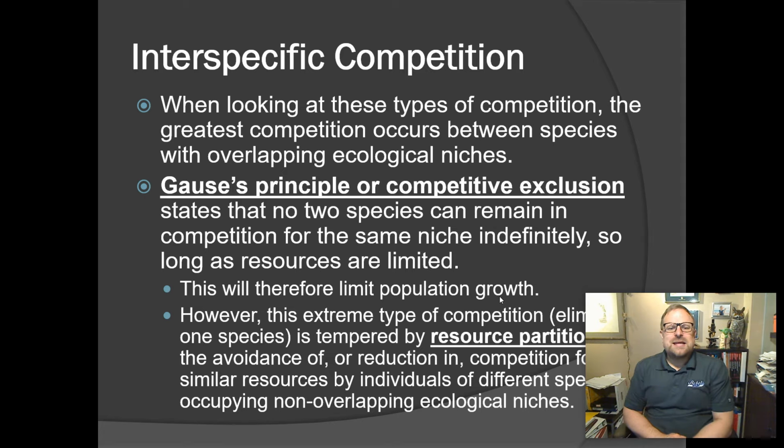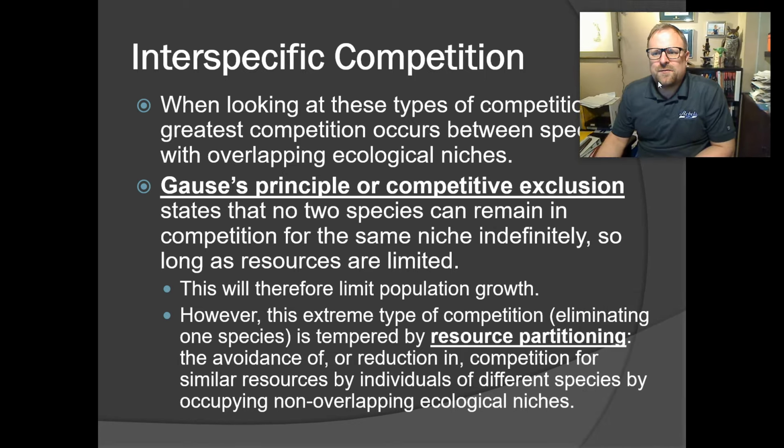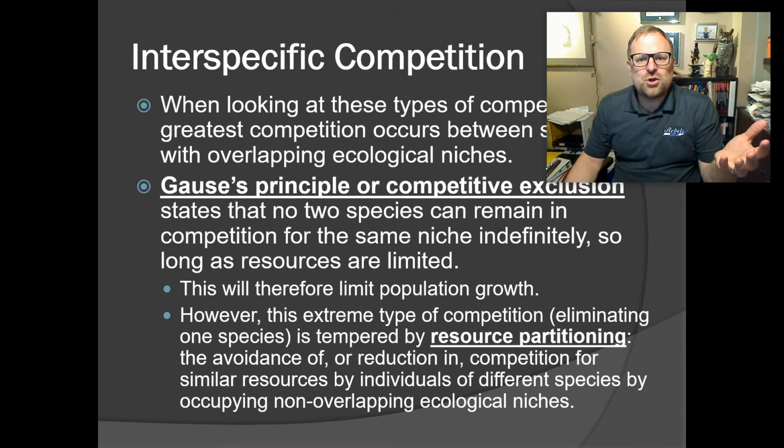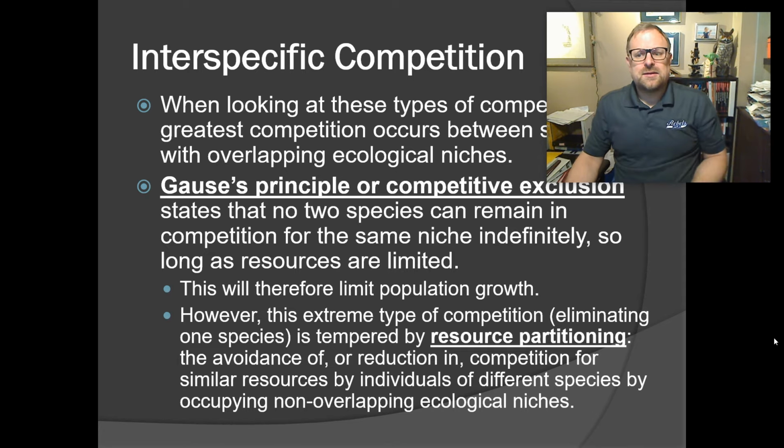Okay, so this leads us to something called Gause's principle, or competitive exclusion. What it states is that no two species can remain in competition for the same niche indefinitely, so long as the resources are limited. What that means in general terms is that if two species remain competitive with each other within an ecosystem, eventually one of those two species is going to suffer for whatever reason, because as long as there are limited resources, they can't compete at the same level.